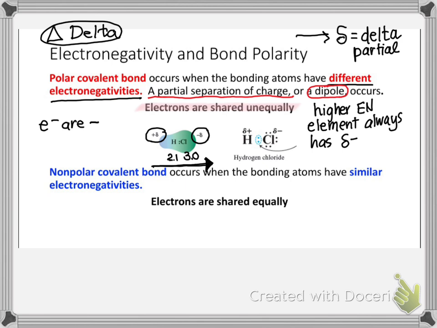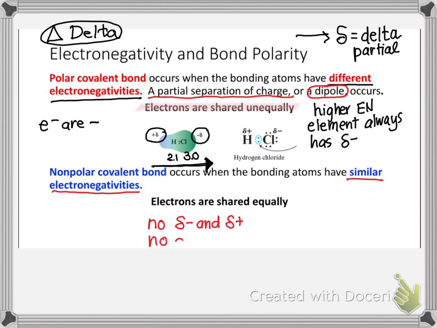Now, in contrast, you can have nonpolar covalent bonds. And really, just using the words polar and nonpolar, you could omit the word covalent because polar and nonpolar are referenced to sharing. But to be specific, it is a covalent bond. So a nonpolar covalent bond occurs here in blue when the electronegativities are close to the same. So the result is there's no delta minus and delta positive in a nonpolar bond.